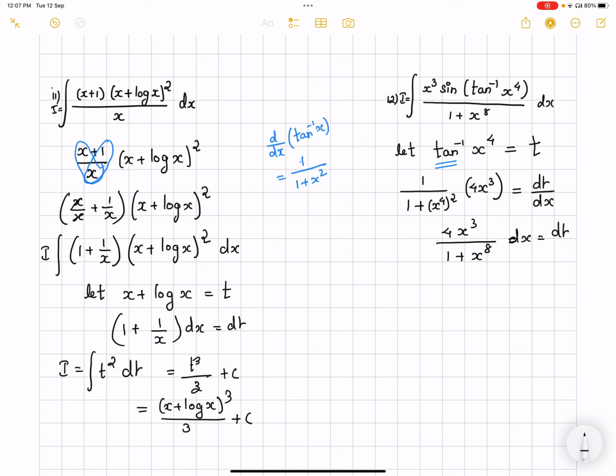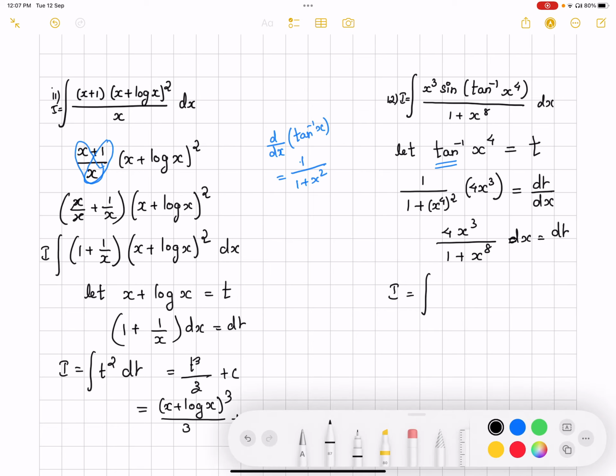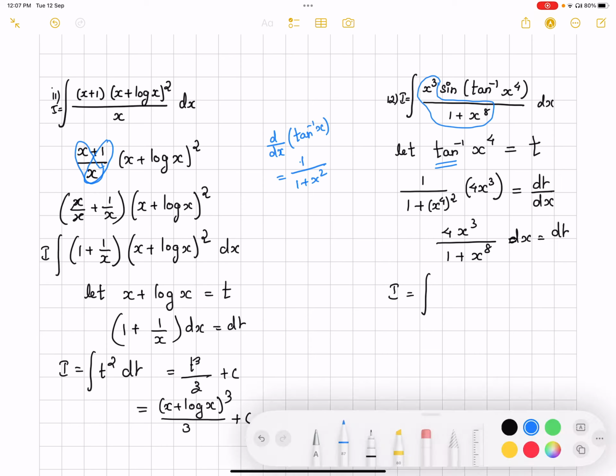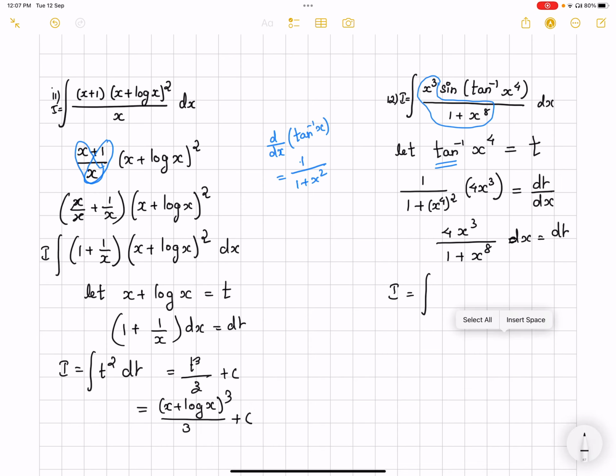So now let's do the changes now. I is equal to, see here, the x cube divided by 1 plus x power 8, which we have here. Let me mark it with a different color and show it to you. This full thing is getting replaced. Okay. Now we have, that becomes dt, and we have 1 by 4 as a constant.